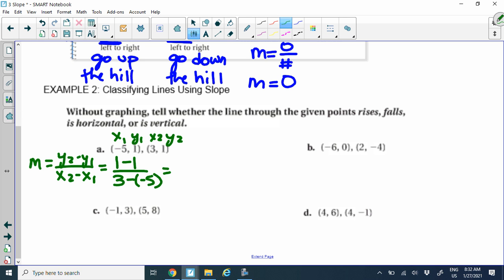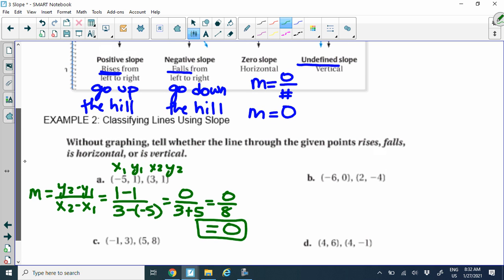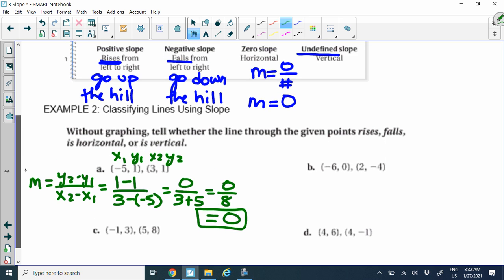So then from here, I have 0 over 3 plus 5, which gives me 0 over 8. Now make sure you do simplify. When I do 0 divided by 8, what does that give me? 0. So don't leave your answer as 0 over 8. Actually simplify it. So notice our slope is 0. So what type of line do we have when our slope is 0? Well, remember, that's going to be a horizontal line.